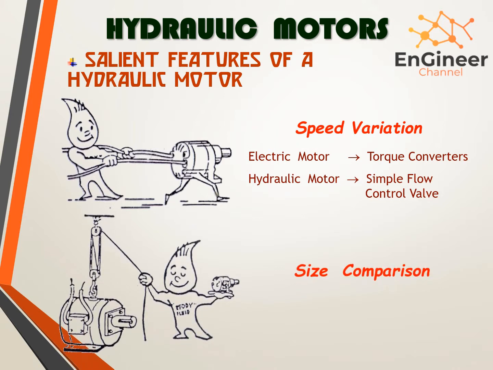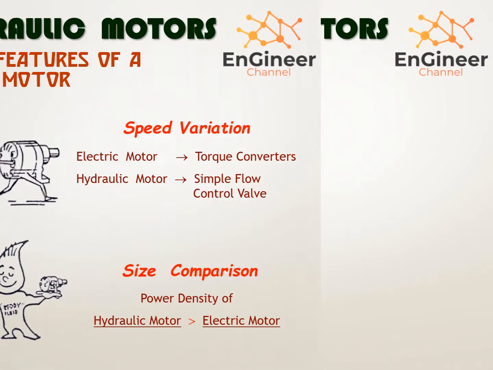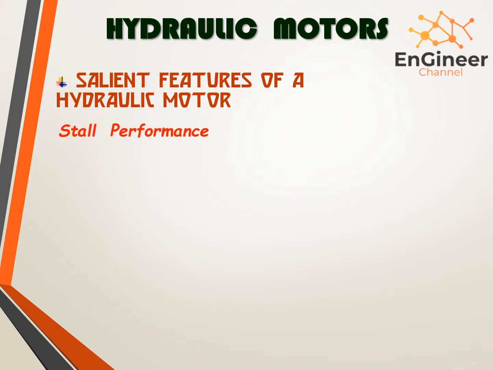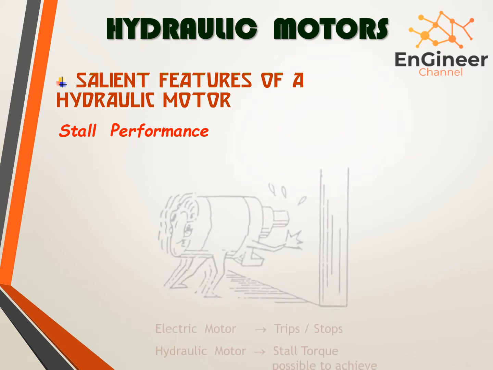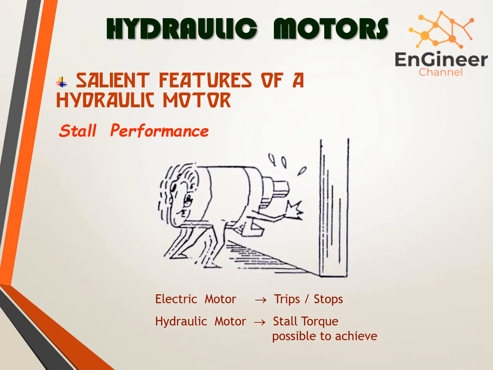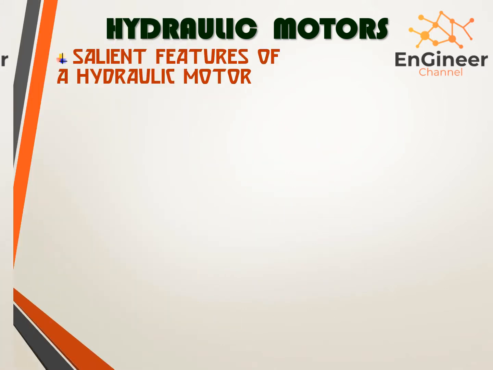About size comparison, hydraulic motors have more power density. When we look at stall performance, electric motors have trips and stop, while hydraulic motors can still achieve torque.